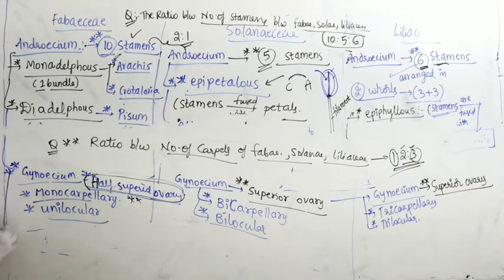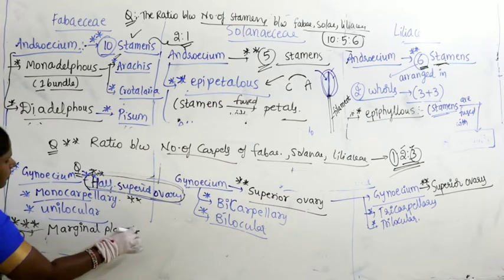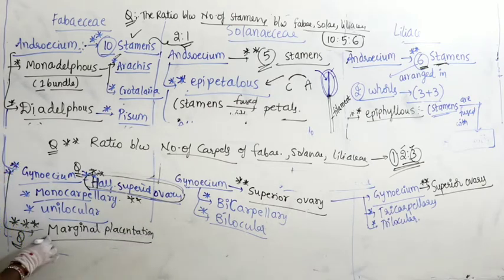Fabaceae, it exhibits a very important question-getting point. This is also a very important question-getting point. Here is one more question we can expect from Fabaceae: Fabaceae members exhibit marginal placentation.